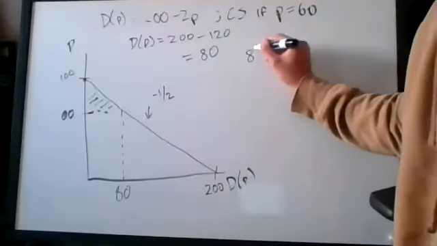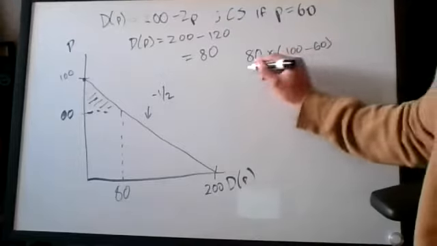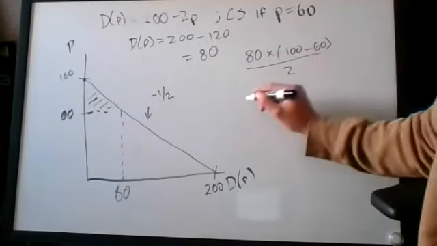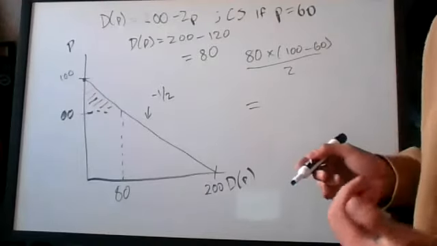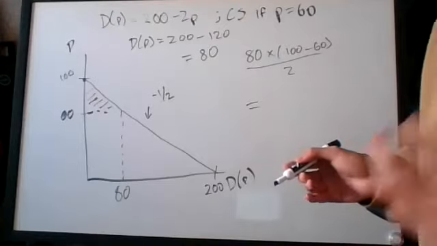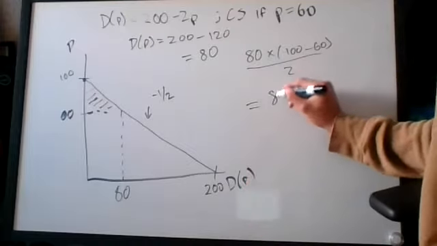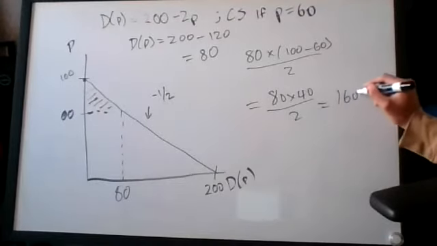So 80 times 100 minus 60 over 2 is what my answer should be, okay? I'm lucky that I caught that myself, but it's something that could easily pass over your head as it just did to me. And so this is 80 times 40 over 2. This is 3,200, so this is 1,600.